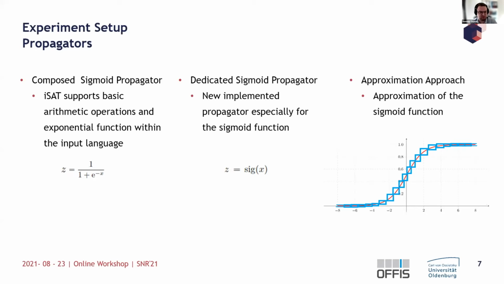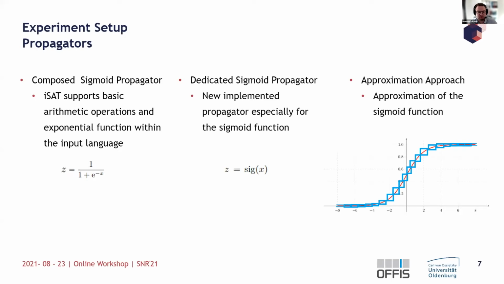So for example, we see on the left, that is the definition of the sigmoid function, which ends up in multiple propagations just for one variable because of the combination of basic arithmetics. With the new sigmoid propagator, where we can say, okay, z is equal to the sigmoid of x, we don't need to have multiple propagations.